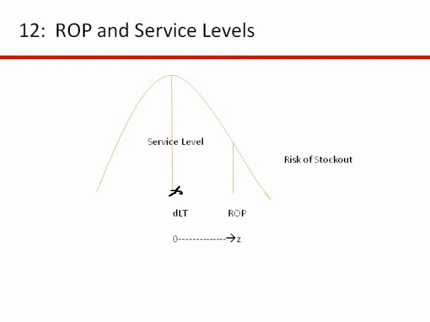Now, if we look at the area under the curve, if we just carry what we expect on the average, then we're only going to be able to offer a 50% service level. And the service level is going to be the area of this curve. So if we want a 50% service level, we carry no safety stock. It's just that simple. We're only going to be able to meet average demand.